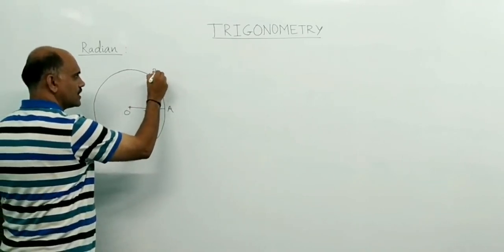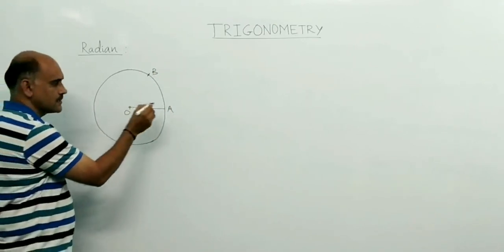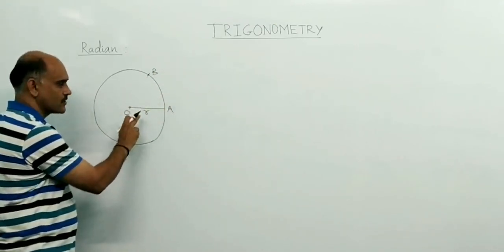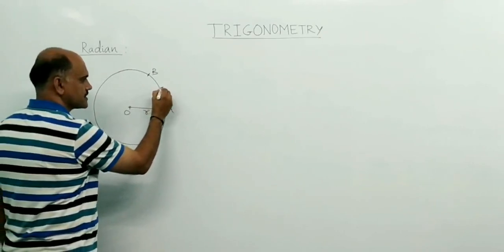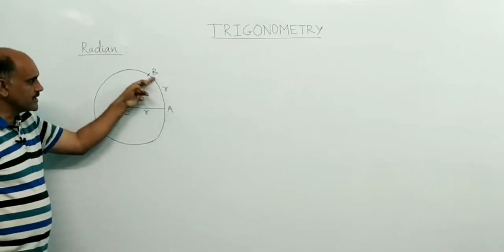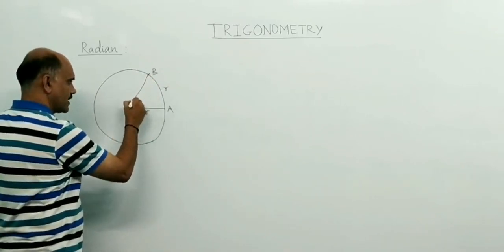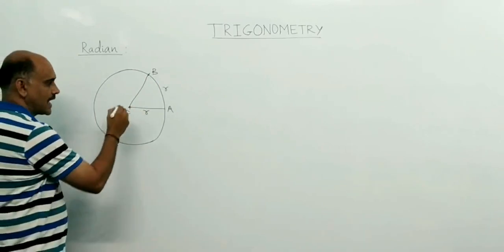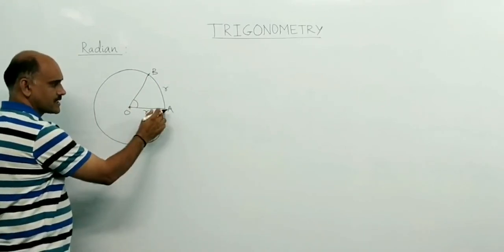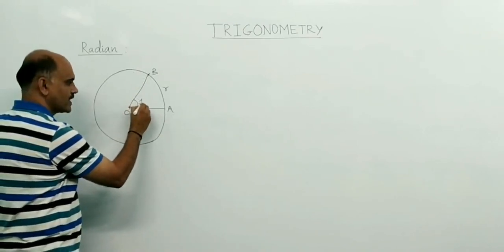AB is called the arc, such that its length is equal to the radius of the circle, meaning this length is also equal to r. So A to B is r. Join OA. Then the angle formed at the center, that is angle AOB, is called 1 radian.